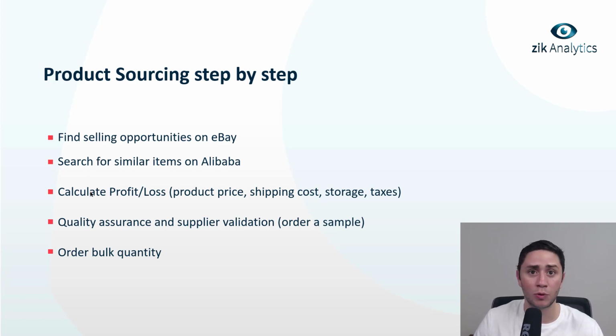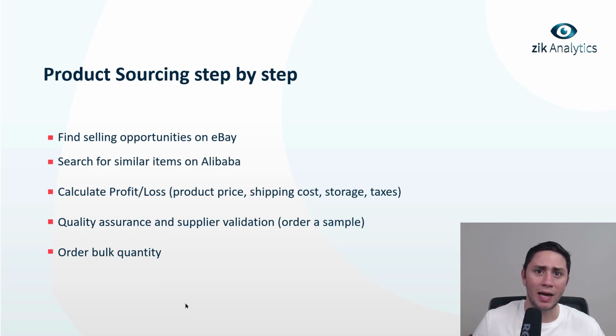Number 3, once you find a product, calculate profit and loss. Make sure you are not losing. This is crucial because you're taking a risk investing in the bulk, investing in the stock, okay? Which can be a lot of money. And then, of course, you order 2, 3, 4 samples, make sure quality is good, and you complete the process by ordering a bulk quantity.